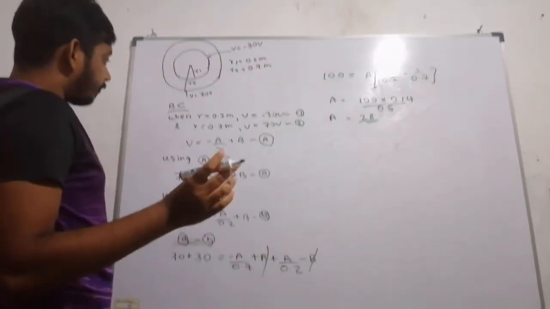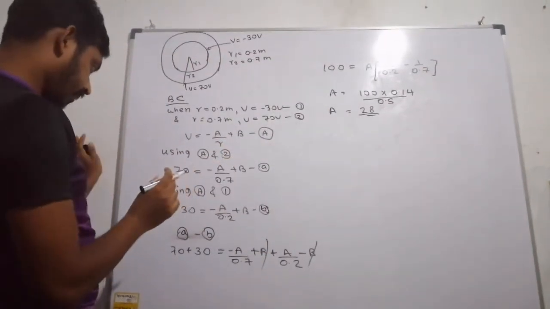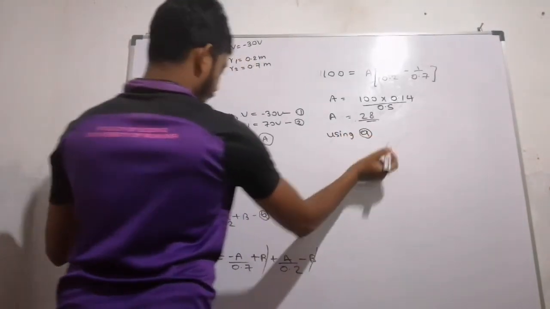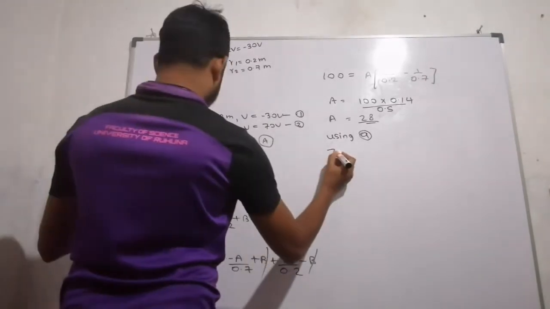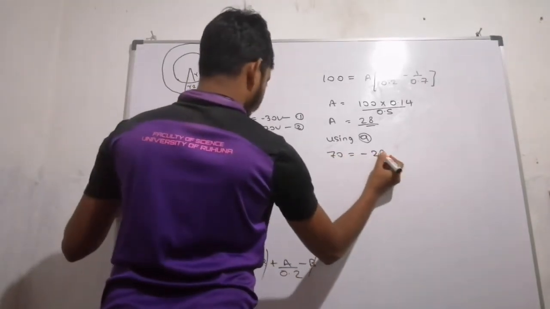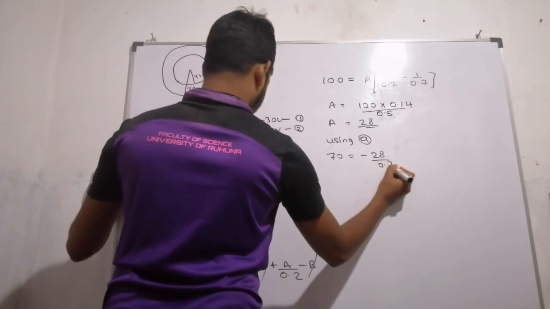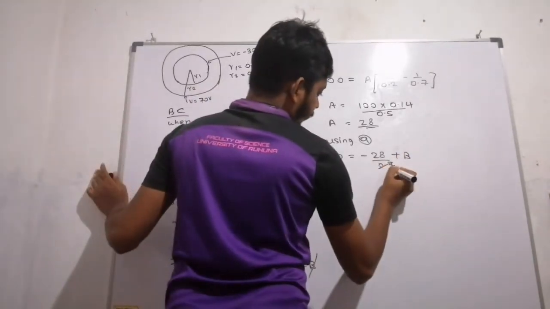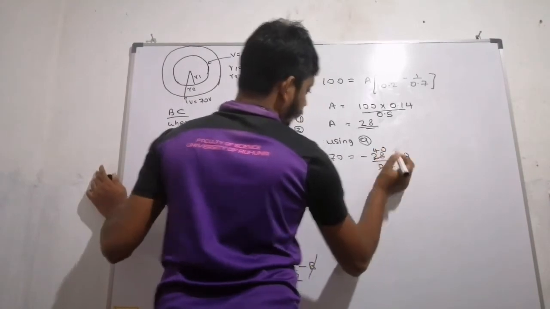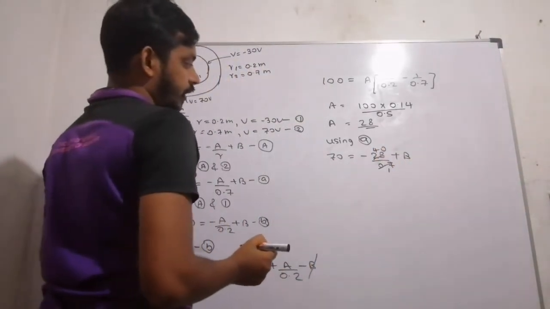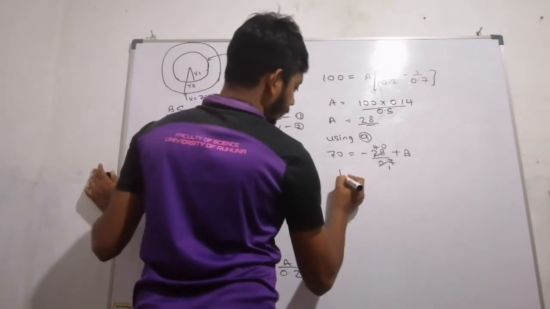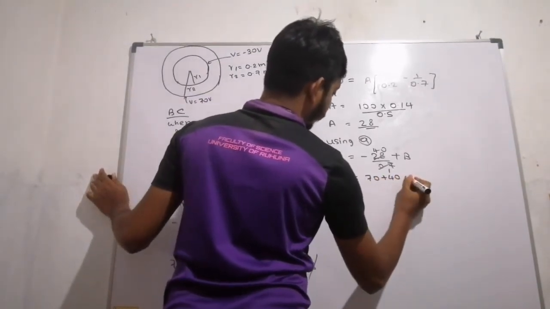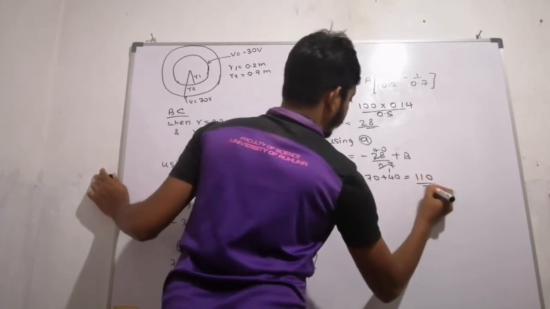Substitute the A value into equation 2. Set equal to minus 28 divided by 0.7 plus B. Minus 28 over 0.7 is minus 40, so B equals 70 plus 40, which is 110.